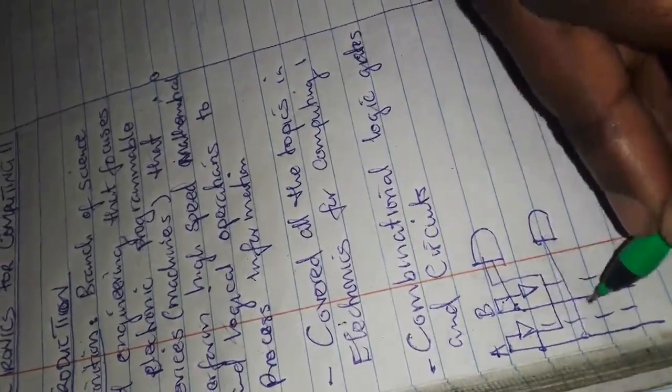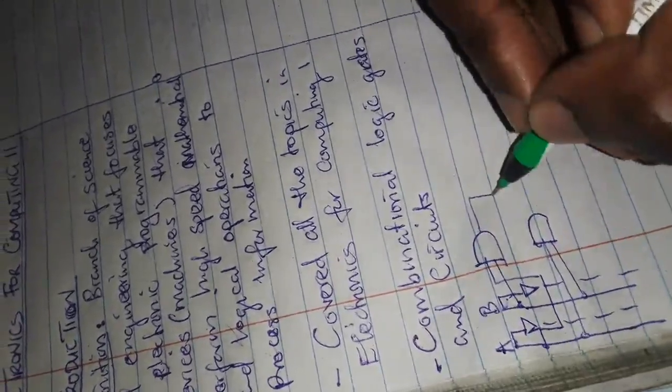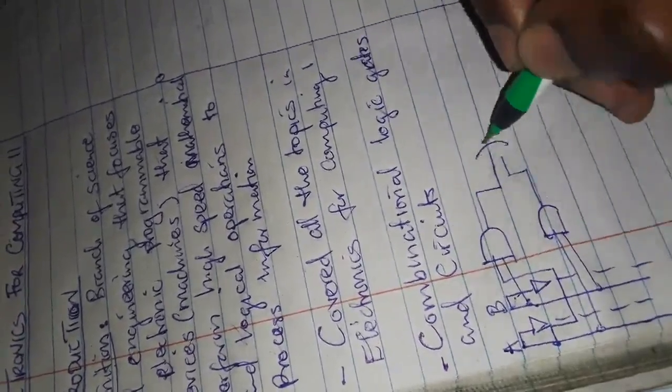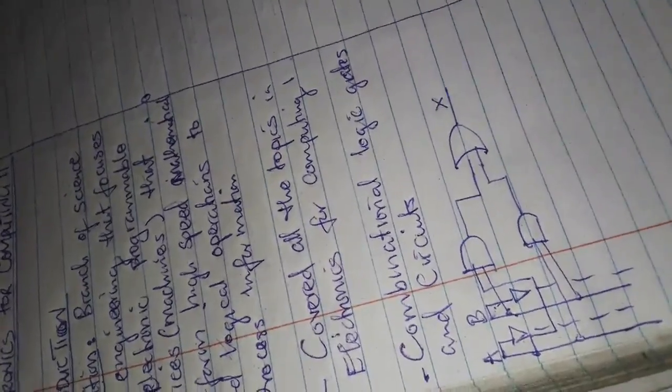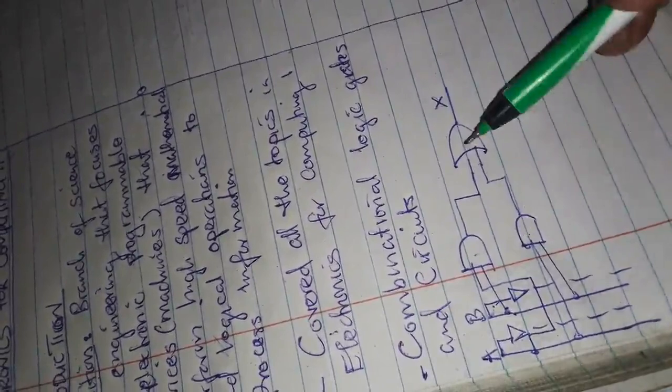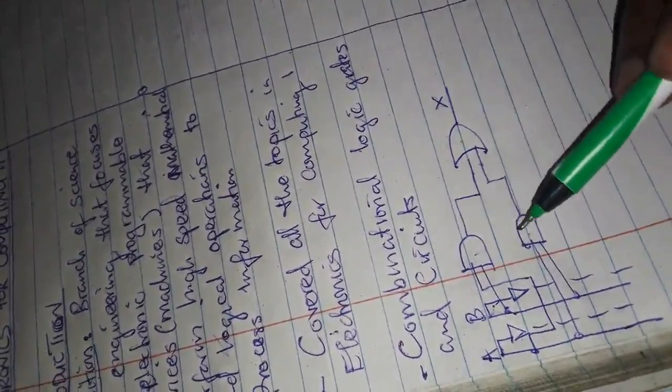Another signal A runs into the other AND gate, and another signal runs into that one. Then these two outputs run into an OR gate, and the output is called X.